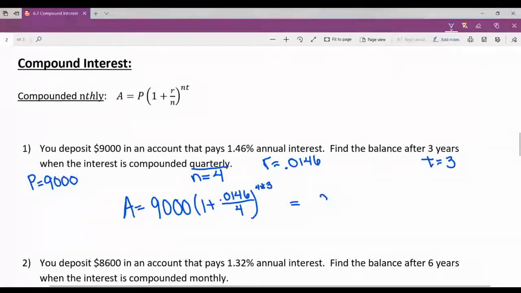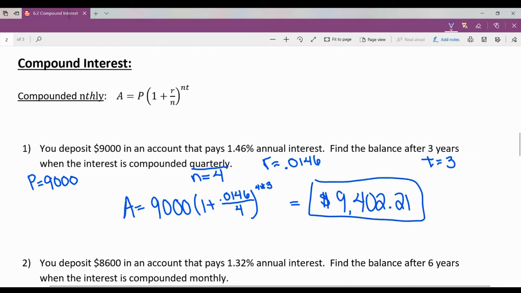So my final amount is going to be $9,402.21. All right, so this is my final answer for that one. Okay, so it's a lot easier than the one before because we're only doing one of these compounded values.